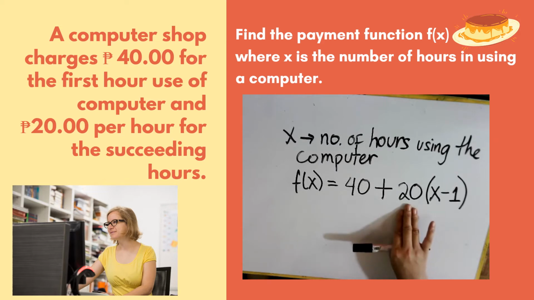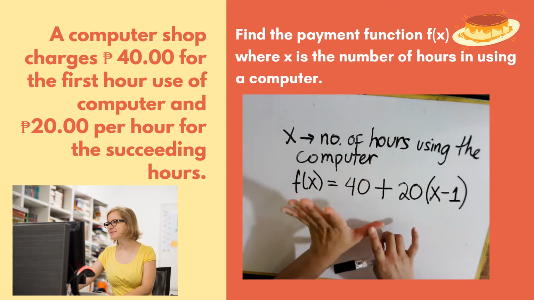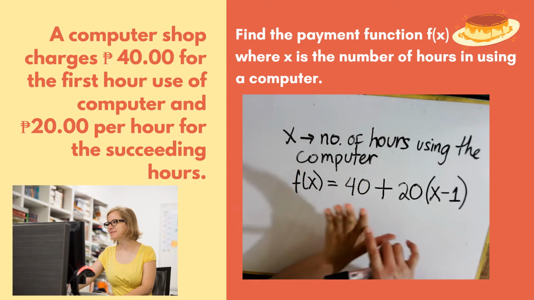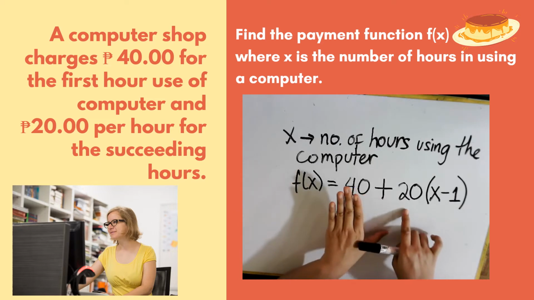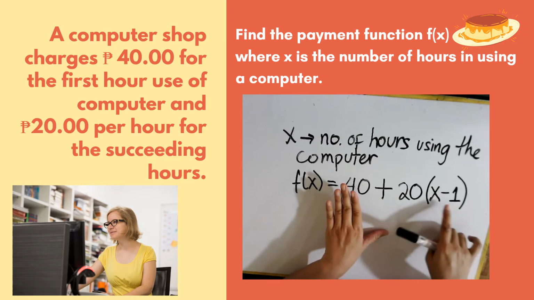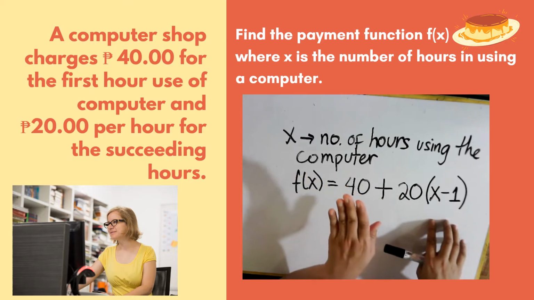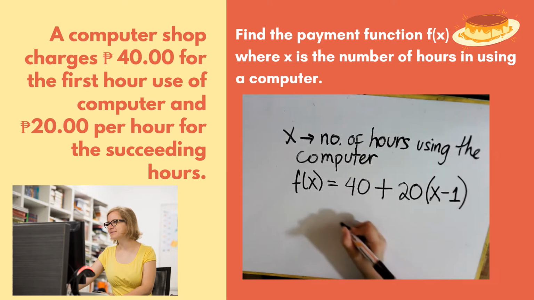Kaya 20 times x minus 1. So halimbawa naka 5 hours ka, the first hour is 40 pesos and then yung remaining 4, yun ang mag-a-apply kay 20 pesos. Kaya ang mangyayari, 5 hours minus 1. 5 minus 1 is 4. So, dun sa 4 hours lang mag-a-apply yung 20 pesos.